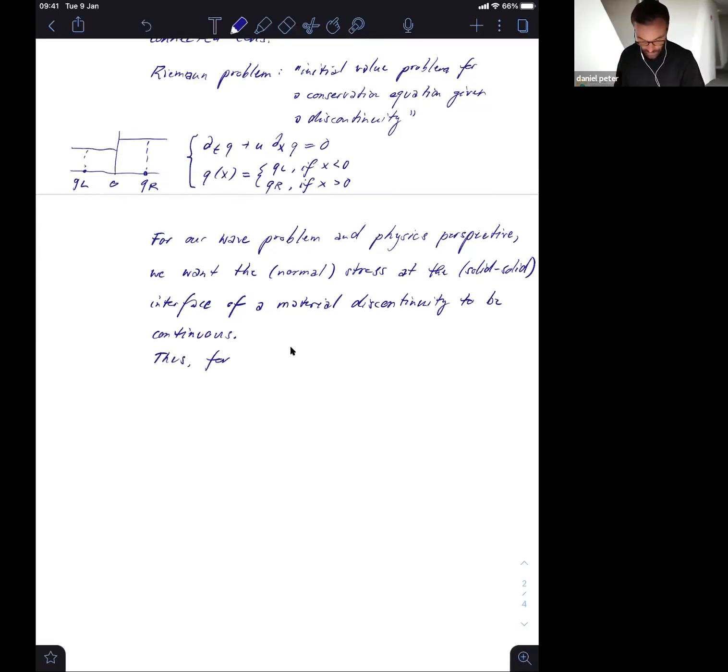So as for the 1D wave equation, we can take the average stress at the cell boundary.